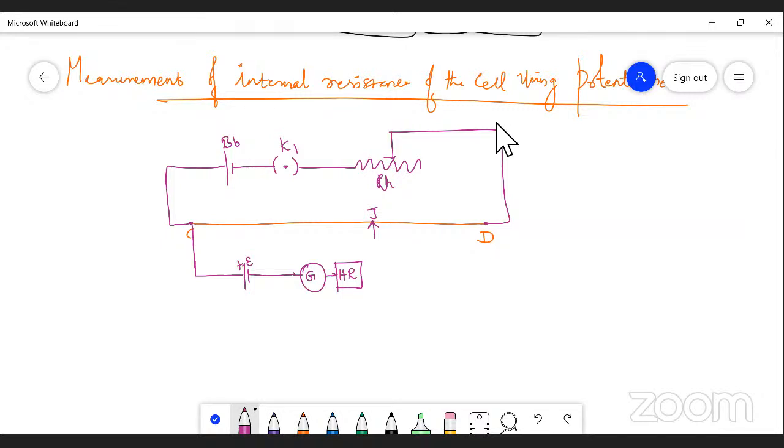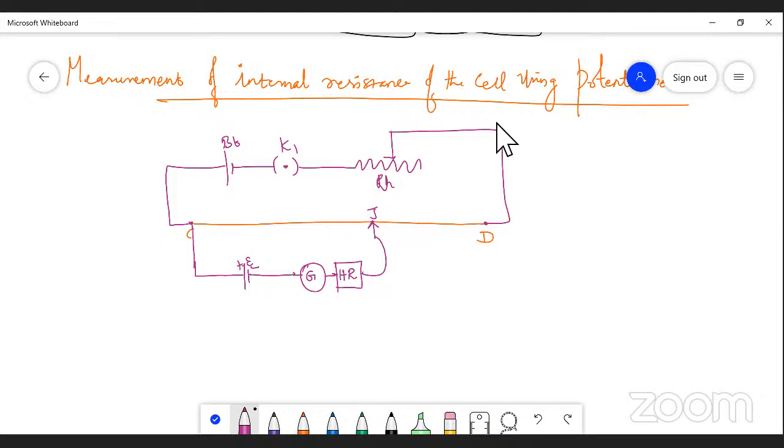To avoid the damaging effects, we are introducing a high resistance in front of the galvanometer, and it is connected to the jockey. So, cell of EMF E, whose positive end is connected to the terminal C of the potentiometer wire, and the negative end is connected to the jockey J through the galvanometer and high resistance. So this forms the secondary circuit.